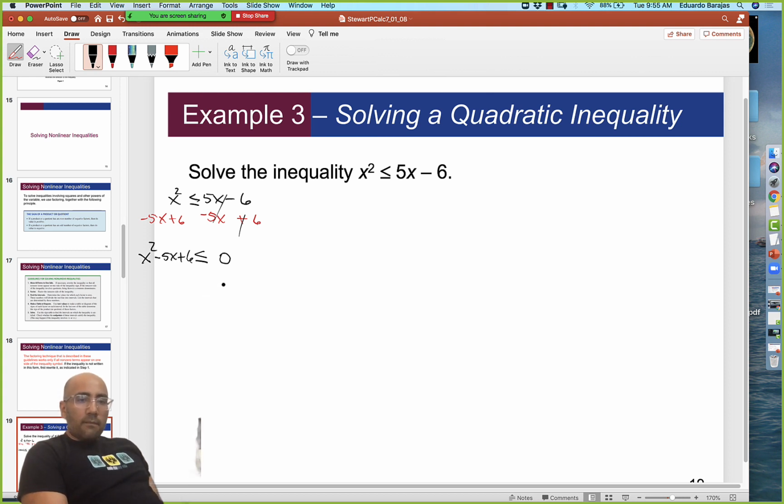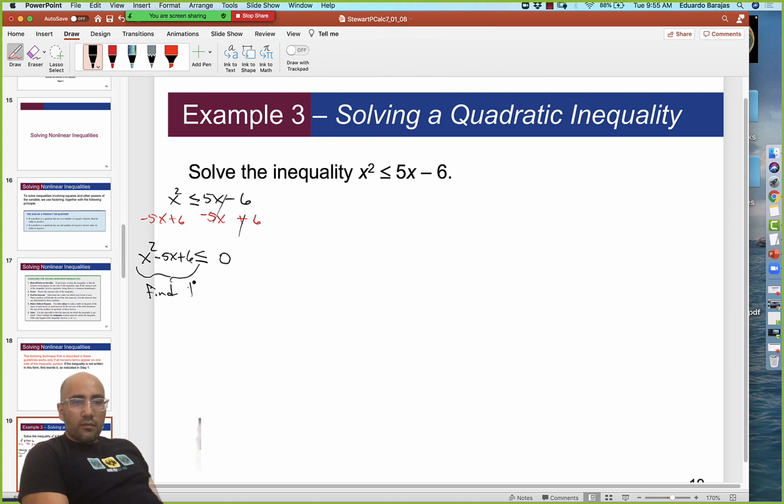Good. So because I've set it equal to 0, another way of describing what this is asking is, find the values of x that produce a negative number here. That's what we want. We want them to be less than 0.